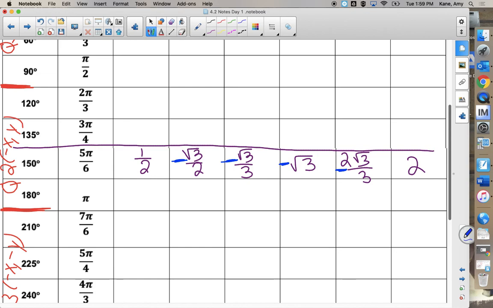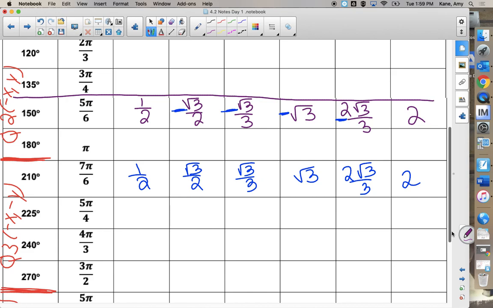So let's do another one. Go down to the next time you see a 6. 7 pi over 6. Copy the same numbers. What should be negative this time if I'm in the third quadrant? Both of them. So y is negative, sine. X is negative, cosine.